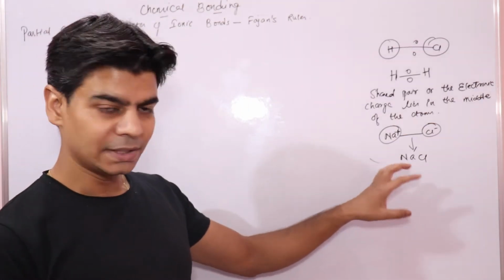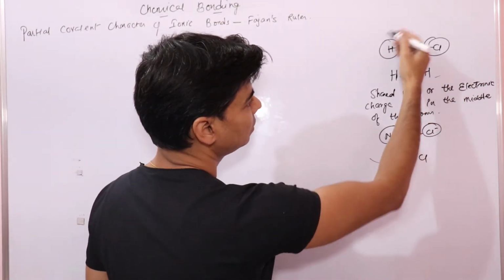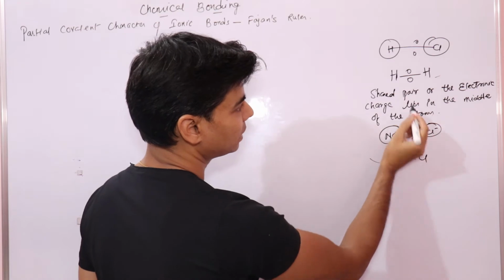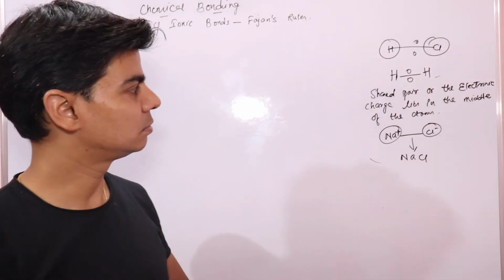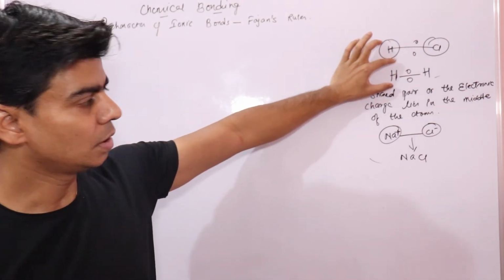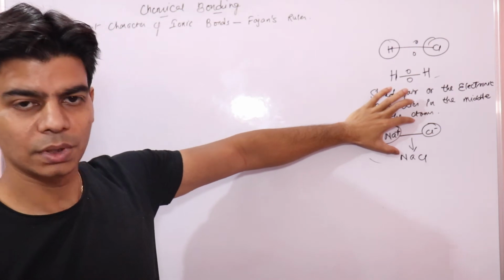Now let's look at how we can develop a covalent character similar to that of hydrogen chloride in an electrovalent compound like sodium chloride.